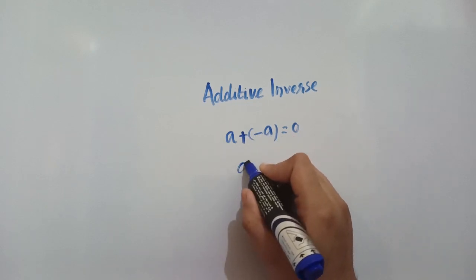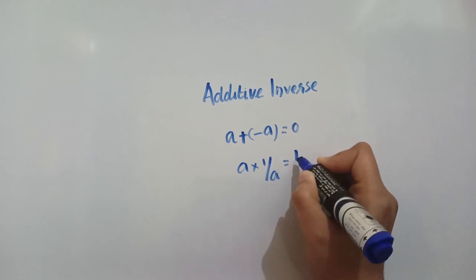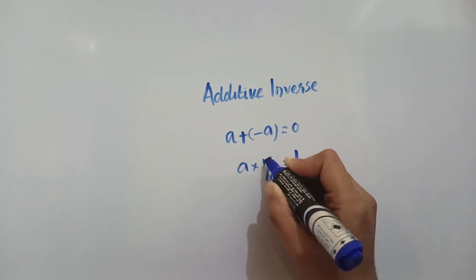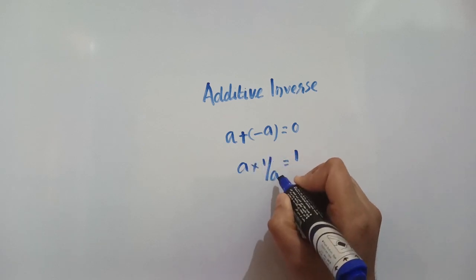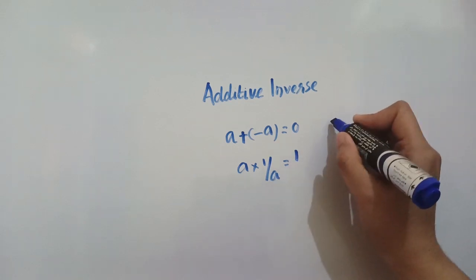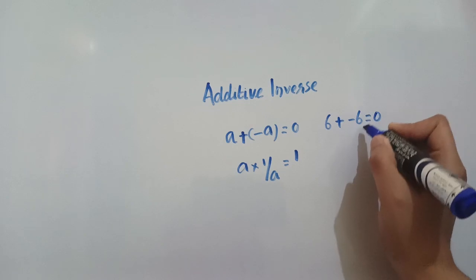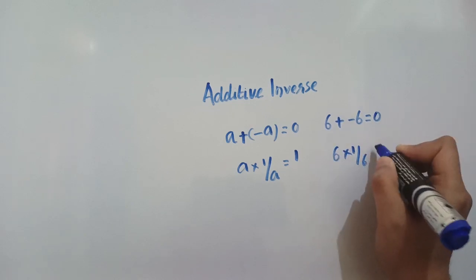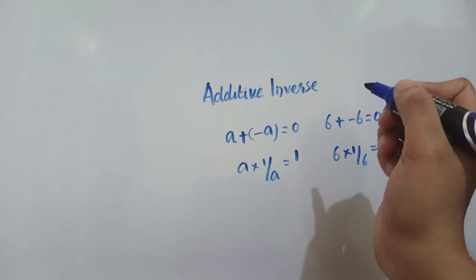Then a into 1 by a is equal to 1. For multiplication, the inverse is the reciprocal. Reciprocal of a is 1 by a. For example, 6 plus minus 6 is equal to 0, or 6 into 1 by 6 is equal to 1. This is the additive inverse.